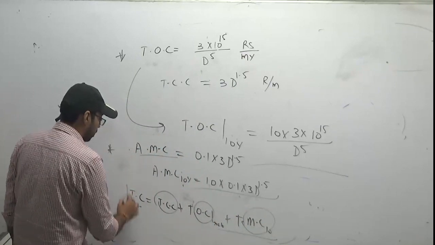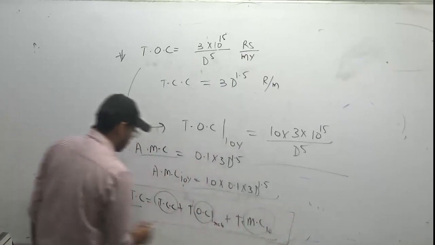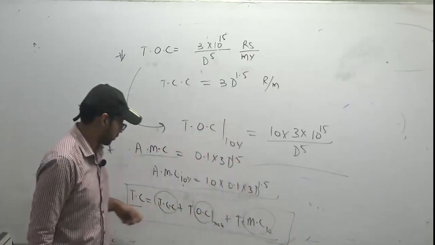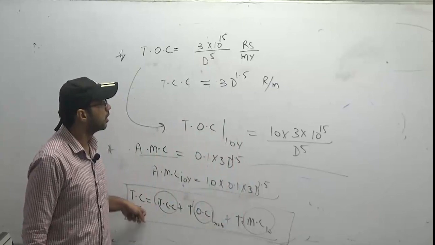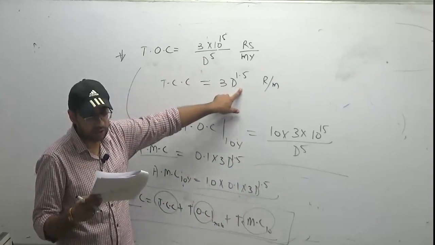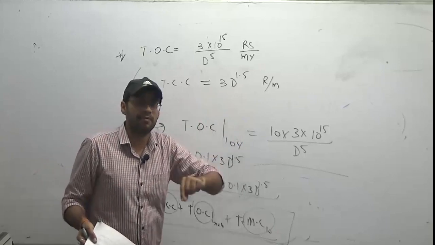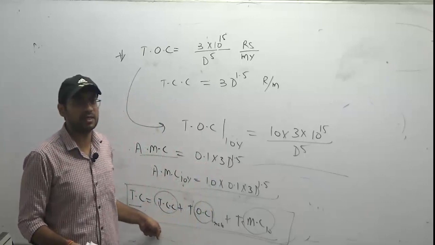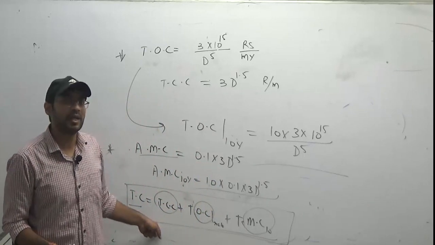You will get the equation of total cost, and you know optimization means you have to differentiate this thing in order to get the diameter value. This is the most economical diameter to minimize the total cost. We have to minimize the total cost.